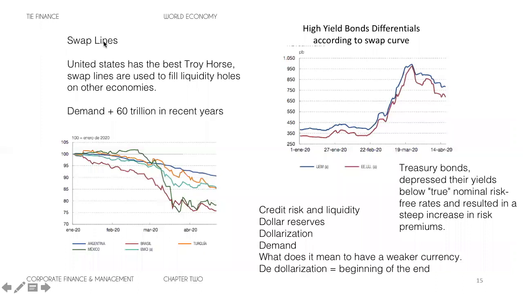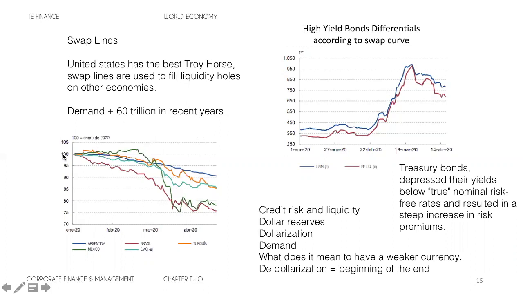They basically can know how many dollars the other economies are demanding, right? So after the 2008 crisis, demand for US dollars in economies like Japan, Canada, and Mexico actually skyrocketed to over $60 trillion in recent years.